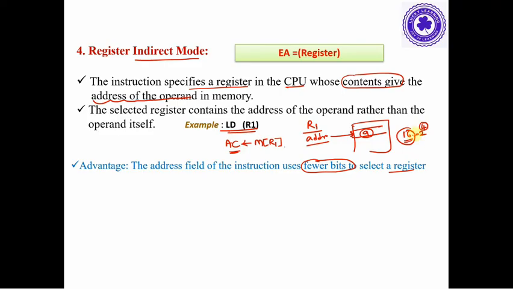In the address part of the instruction, we should specify only 4 bits, not the 12 bits that are needed if memory contains 2 to the power of 12 words. 2 power 12 means 4096 words are there in the memory, so to represent each word we use 12 bits. But if that address is stored in the register, the address part now contains only 4 bits. So the number of bits is reduced if you use register indirect mode.